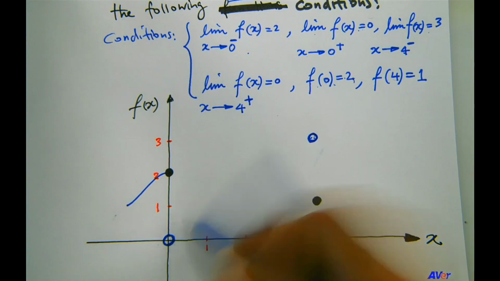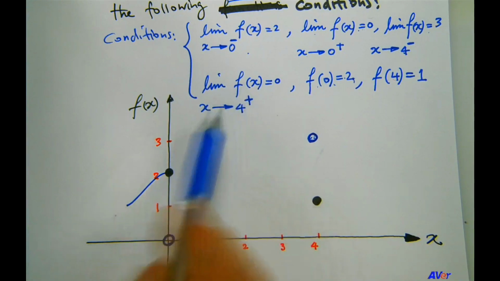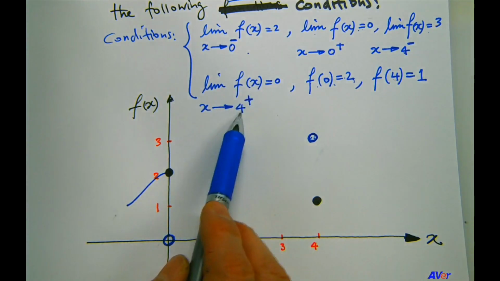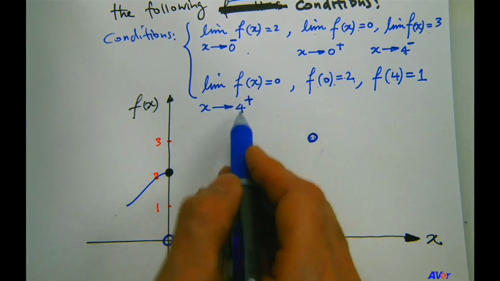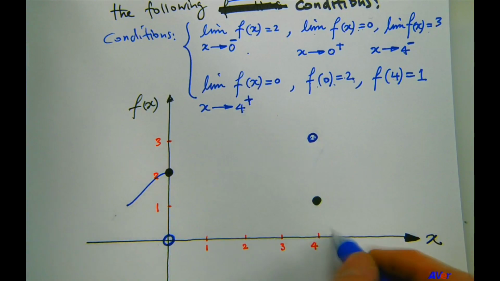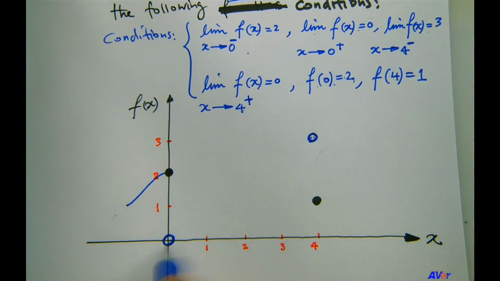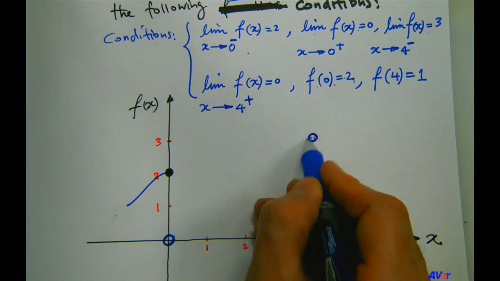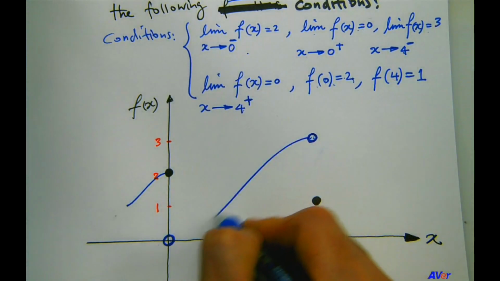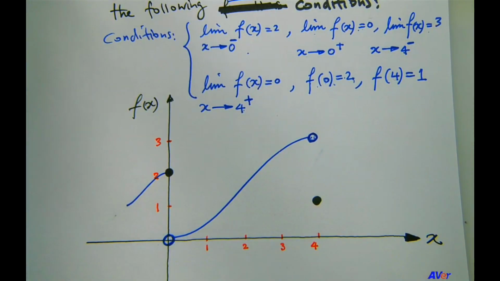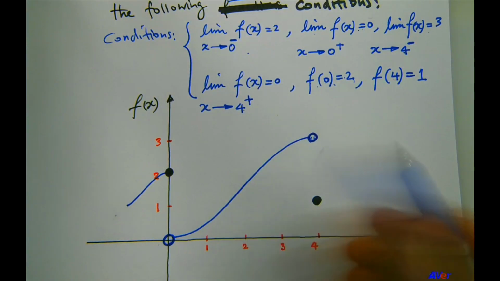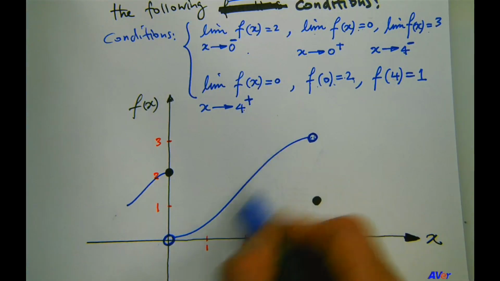But can I? Let me look at the last condition here. The limit of the function as x approaches 4 from the right. So that's approaching 4 from the right. It has nothing to do with approaching from the left. So yeah, I can draw this line like that and connect it to that. That's no problem. Okay? So I drew it smoothly like that. It doesn't matter if it's a straight line or a curve.